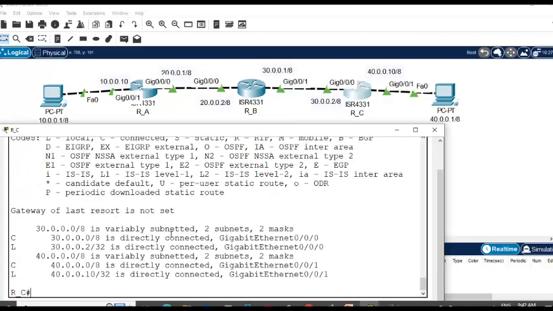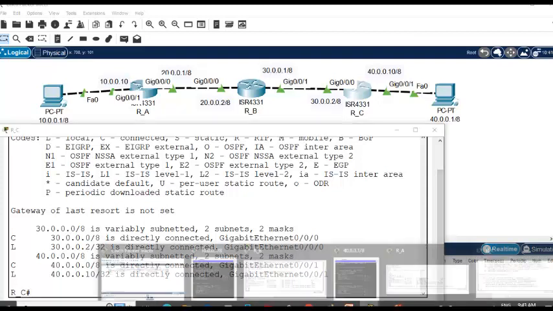You see, show IP route. You can see only 20 and 30. Why is there no 10 and 40? Because they are not connected to this router. So the routing table by default will have only the routes for connected networks. For router B, the remote networks are 10 and 40, isn't it?